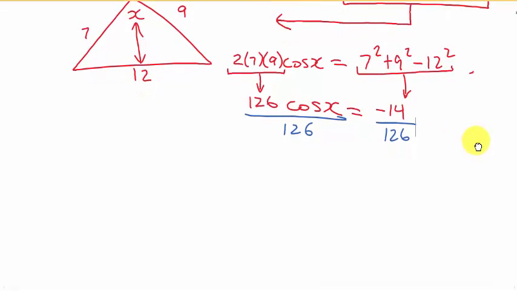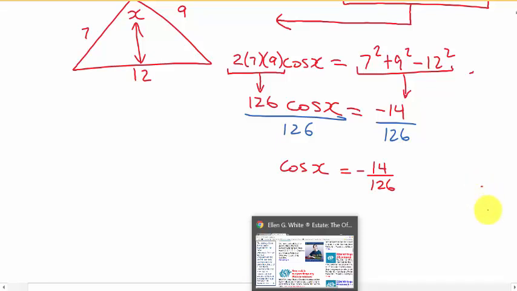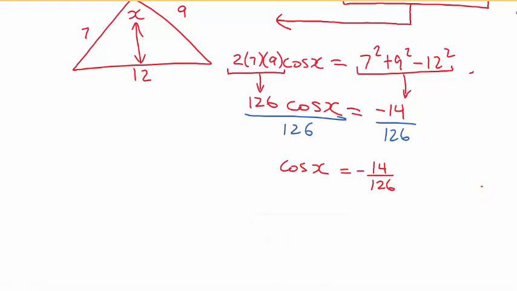So once we divide by 126, we get cos X is equal to negative 14 over 126. And then, how do we get rid of that cos? Yeah, so cos minus 1, so inverse cos.